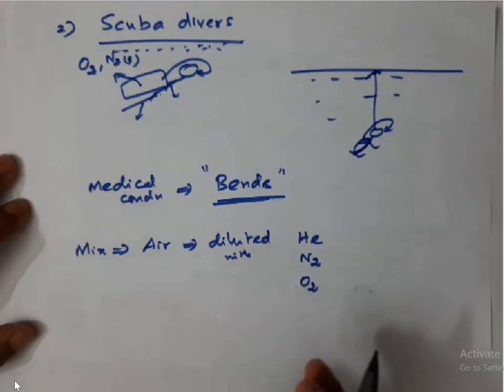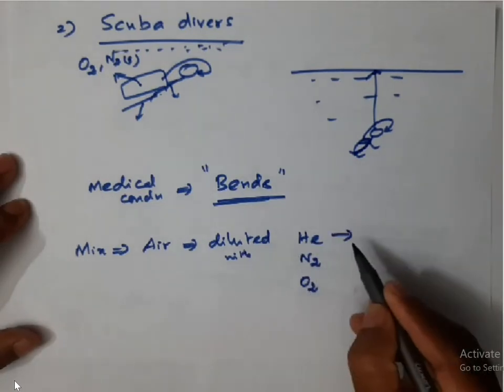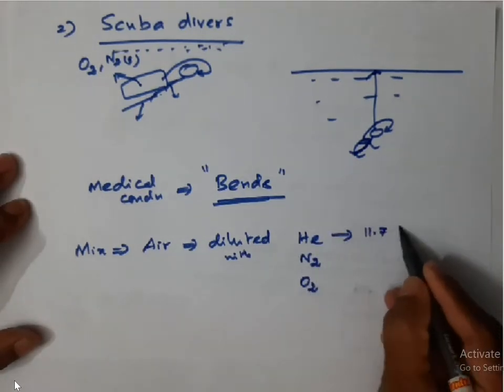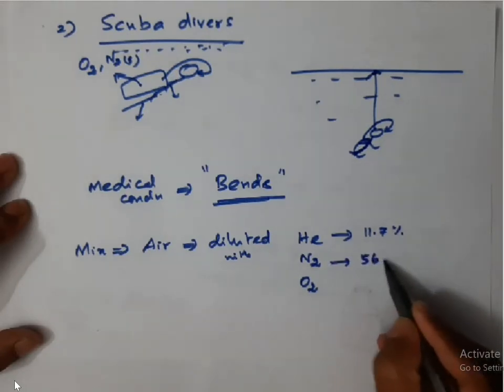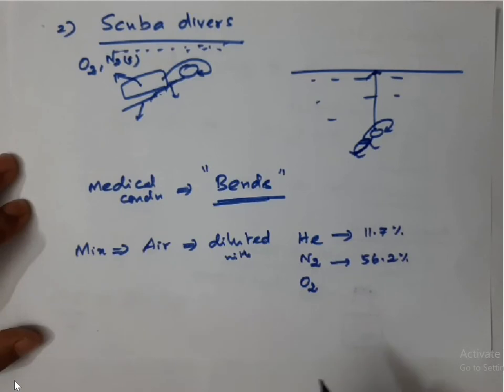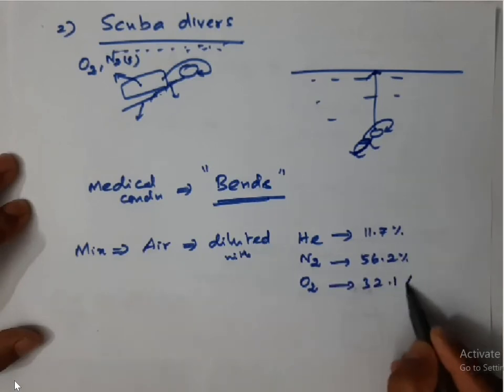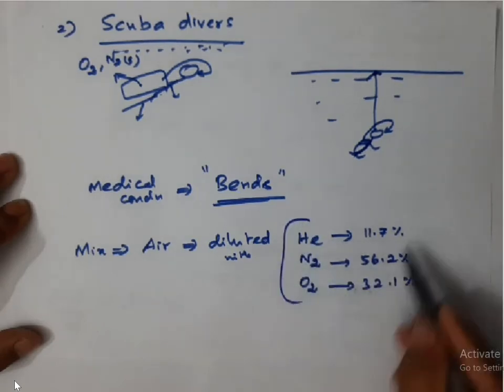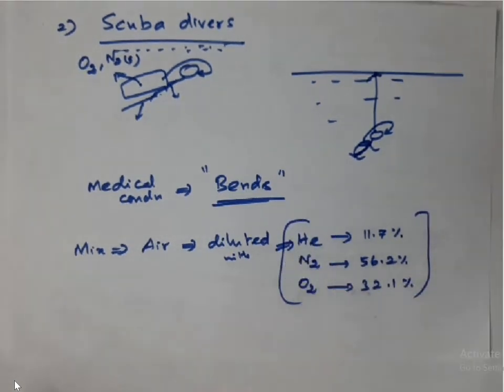It consists of 11.7 percent helium, 56.2 percent nitrogen, and 32.1 percent oxygen. So now the air is diluted with the addition of helium gas.